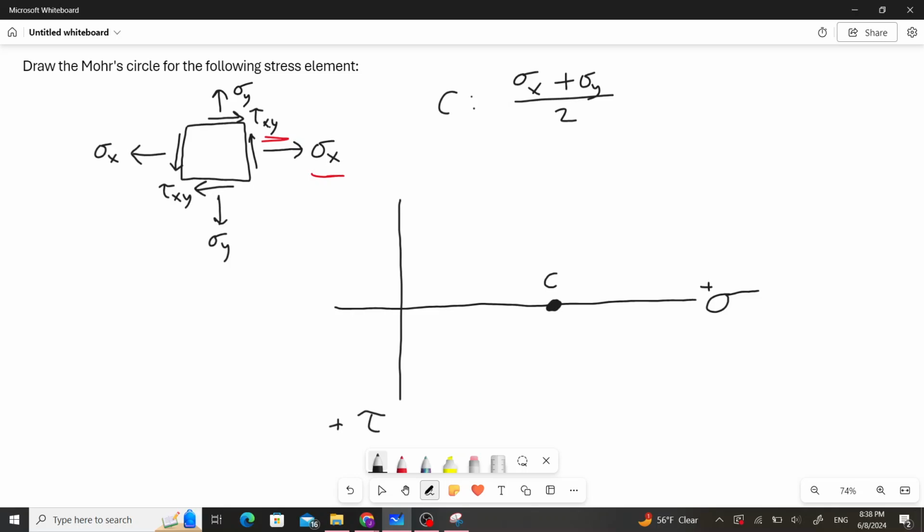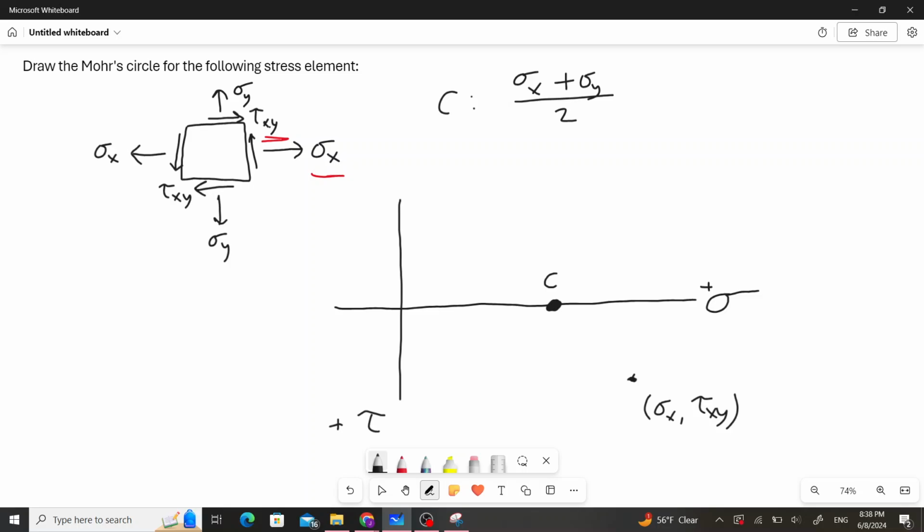So we go over a positive sigma x and then downward, since it's positive tau x y, and we'll say that this is the location of that point. This is the point sigma x, tau x y.